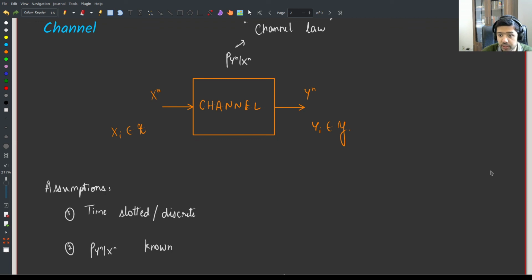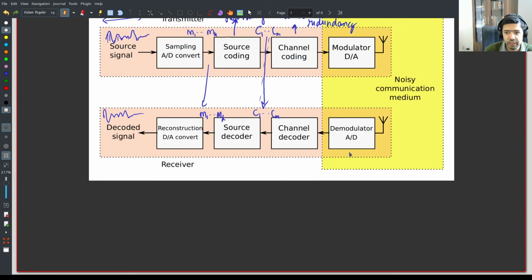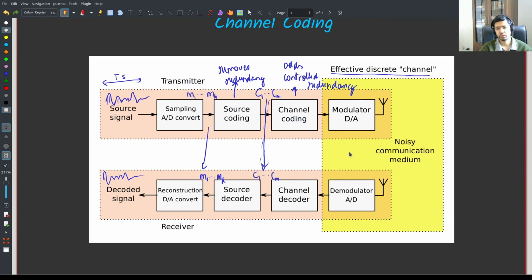Okay. So this channel block that you're saying, does it consist of the channel coding and modulator blocks? No. It only consists of the modulation and the A to D conversion. For example, if the output of the channel coding block is a sequence of bits, then the modulator first converts this to whatever modulation scheme you are using, like QAM or QPSK.